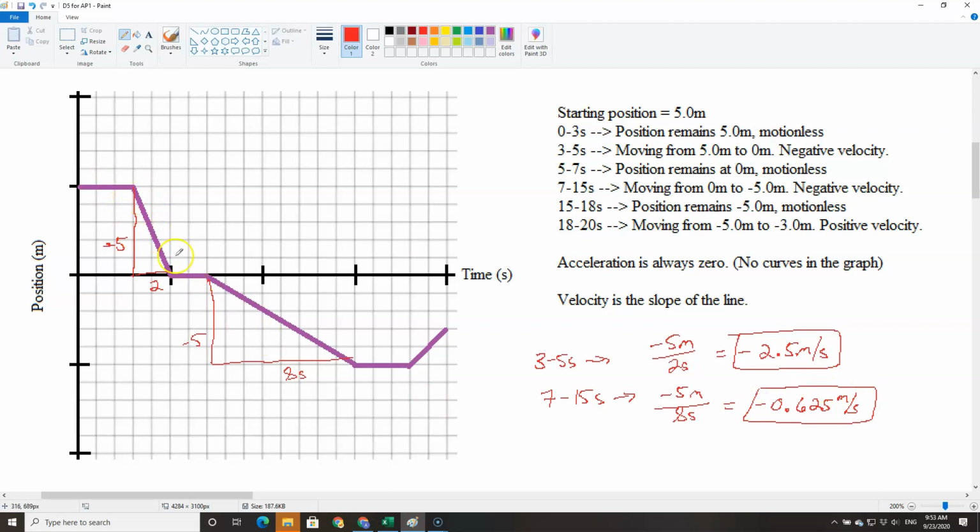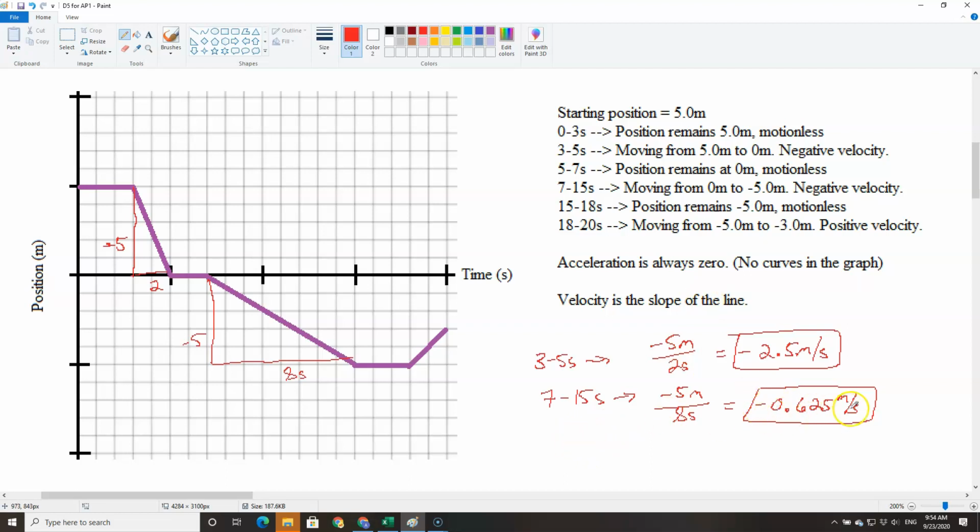Notice that this line here from 3 to 5 seconds is much steeper than this line here from 7 to 15 seconds. So an additional note is that not only is the velocity the slope of the line, but the steeper the line, the greater the magnitude of the velocity.